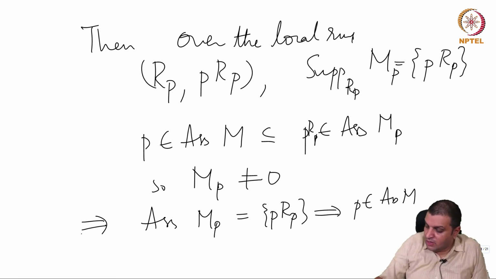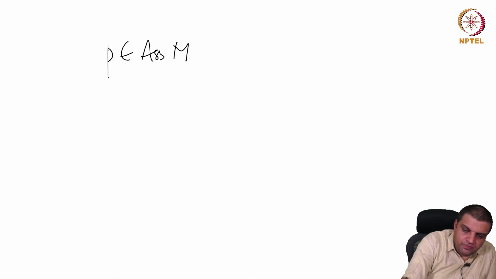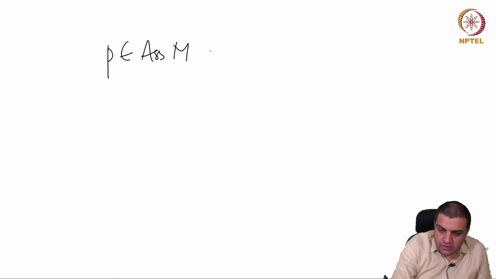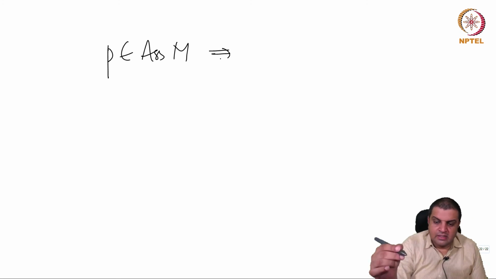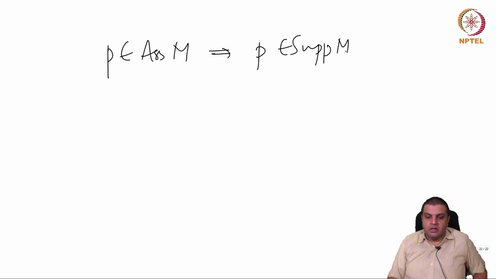Okay. So now this proves that minimal primes are associated, and we just observed in the proof of the previous step itself, but let me just clarify this. If P is associated to M, this implies that P is in the support of M. In other words, P does not kill every element inside M. Okay.